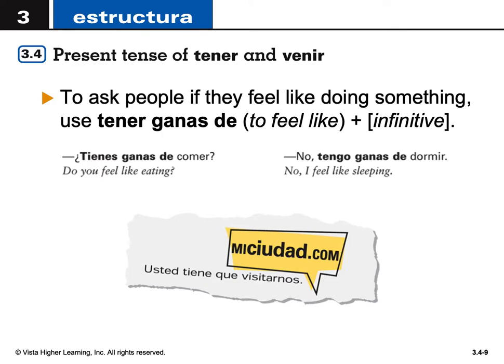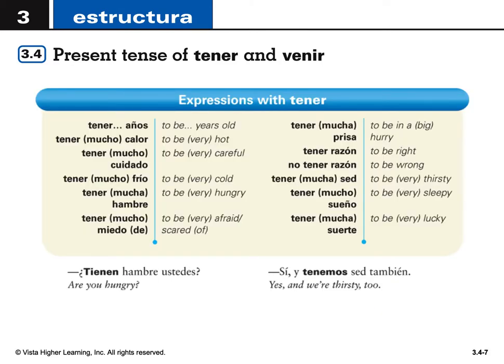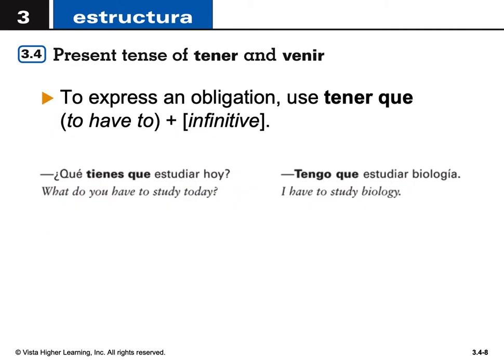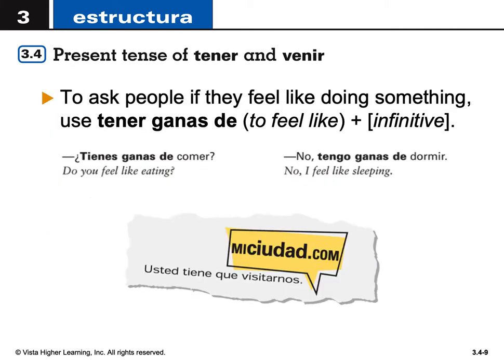And sort of related, but on the other end of the spectrum, to ask people if they feel like doing something, it's tener ganas de, okay? So we've got all these tener expressions, which you must memorize. We've got tener que, which means to have to do something. And then we've got tener ganas de, which means to feel like doing something.